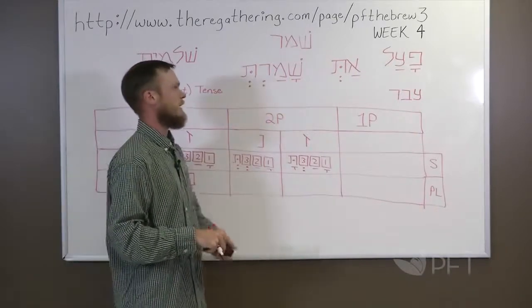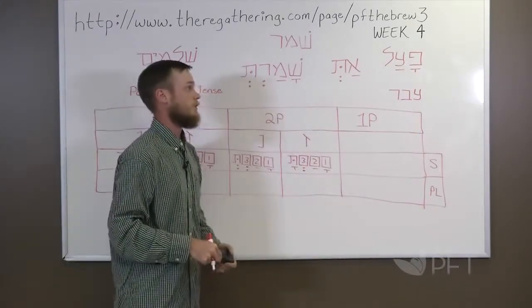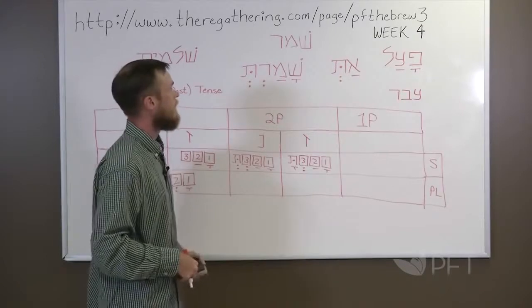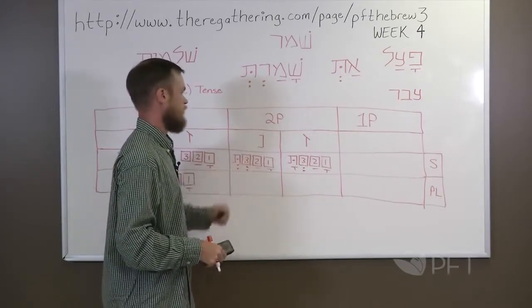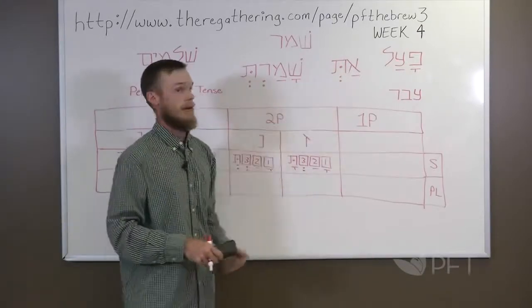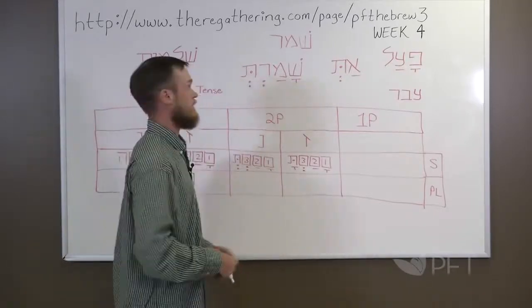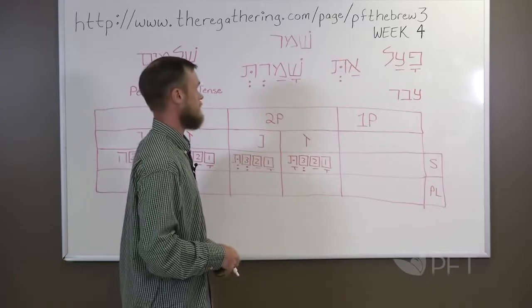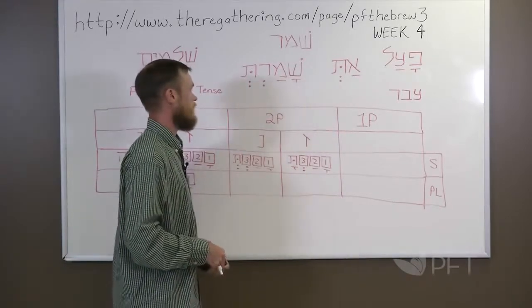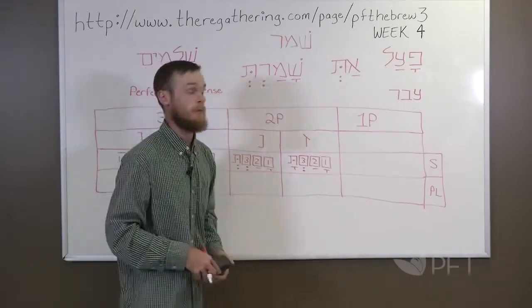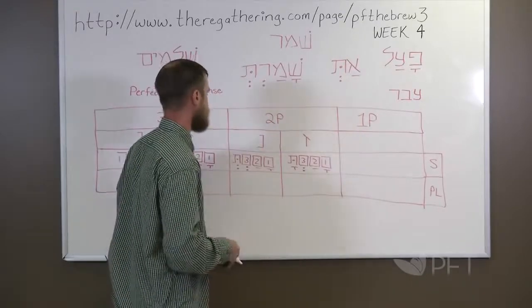You'll notice too when I add the correct pronouns, that the endings on the verbs tend to match the endings of the pronouns. Ata shamarta, at shamart. It's got the same idea in those endings, which also helps to remember all these terms.